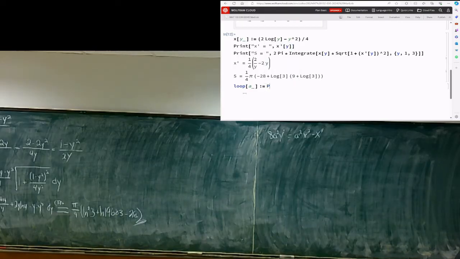No, I'm not going to do plot. I'm going to do contour. 8a squared times y squared is equal to a squared times x squared minus x to the 4th.